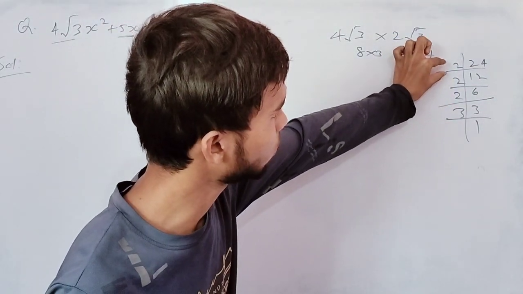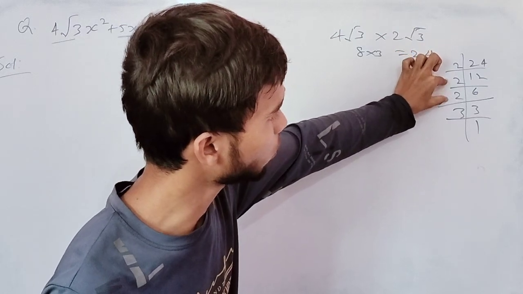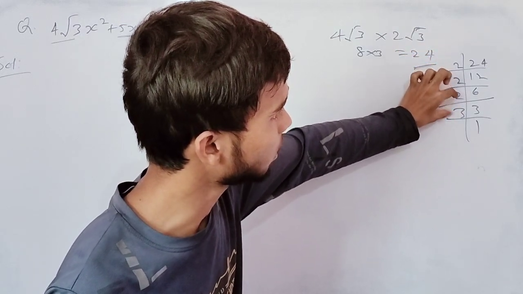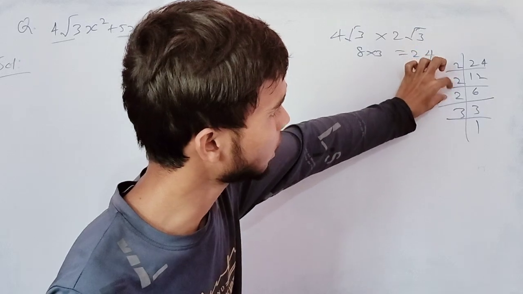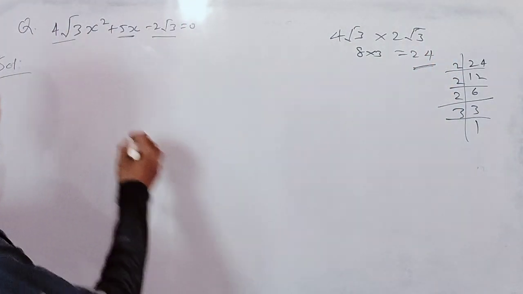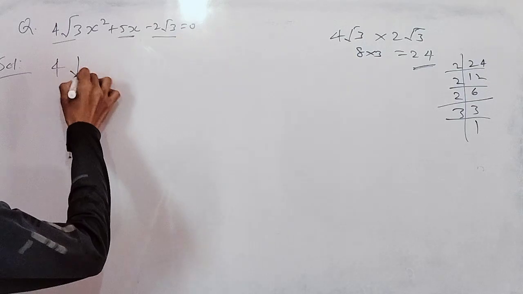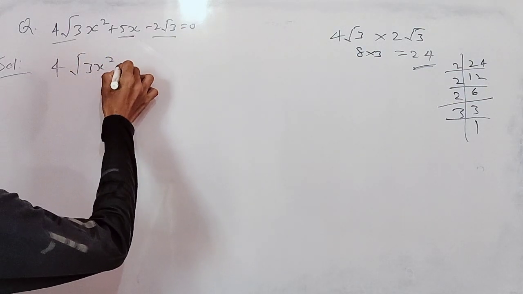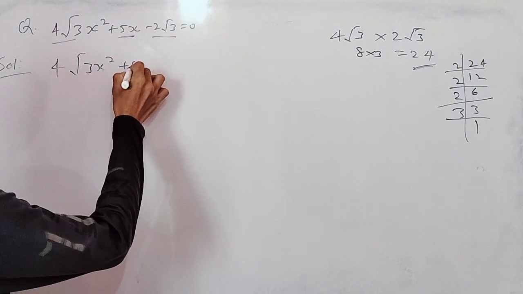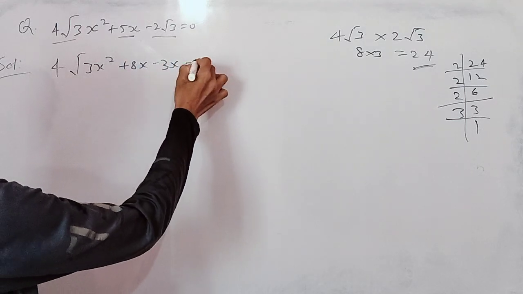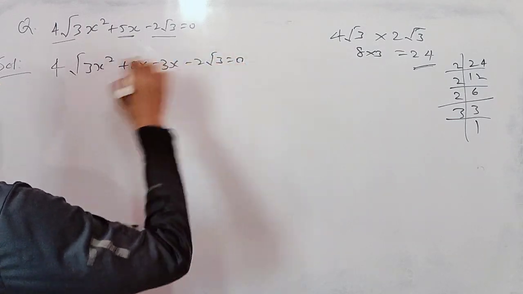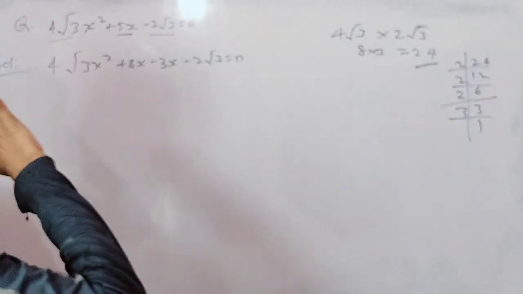Now you can say, I think 8 minus 3. So I think this: plus 8x minus 3x, minus 2 root 3. Yes, this is correct.